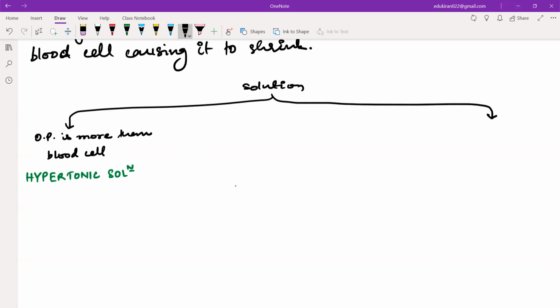If you have a solution whose osmotic pressure is less than blood cell, then it is known as hypotonic.